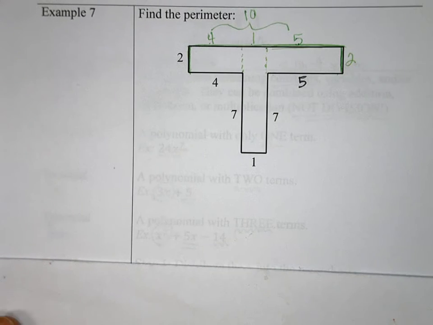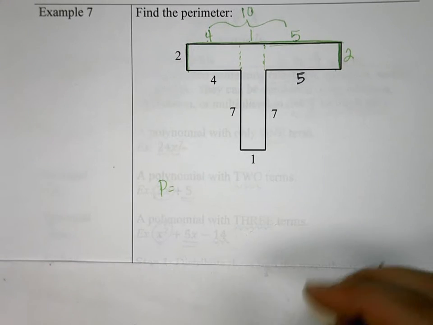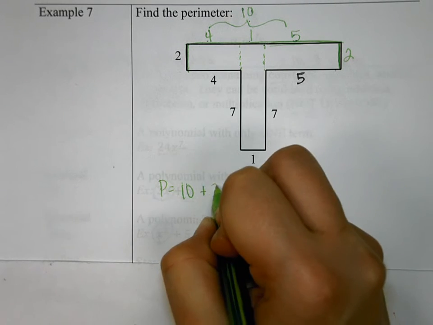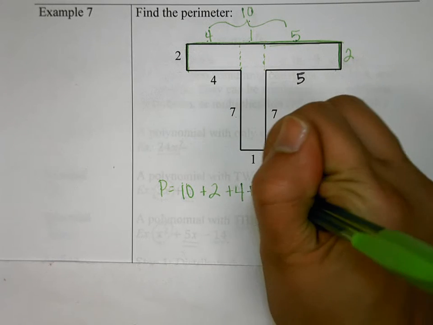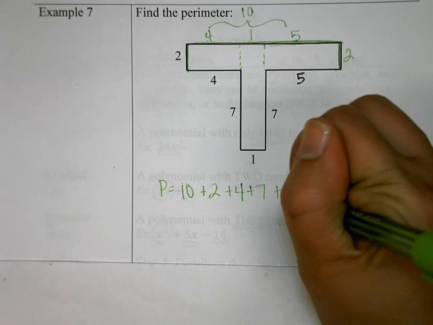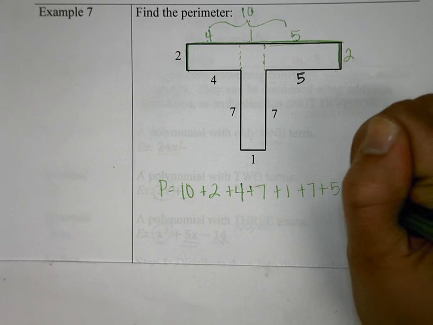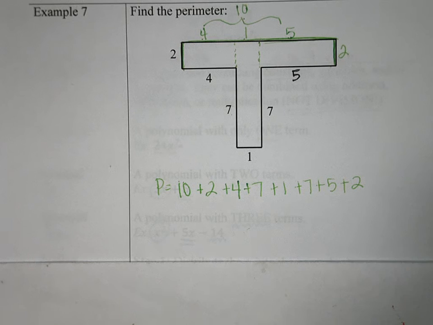So now to find the perimeter, I just add all the sides together. So I have 10 plus 2 plus 4 plus 7 plus 1 plus 7 plus 5 plus 2. So we can add all of that stuff together. So let's try and do this in our head.